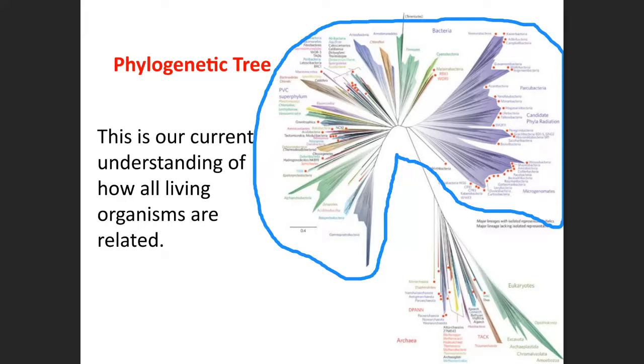This is the domain that the archaea belong to. And this, ladies and gentlemen, is the domain to which the eukarya belong. Opisthokonta, right here. We are somewhere right here, as humans.